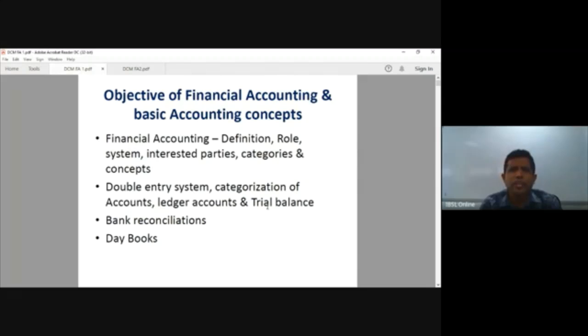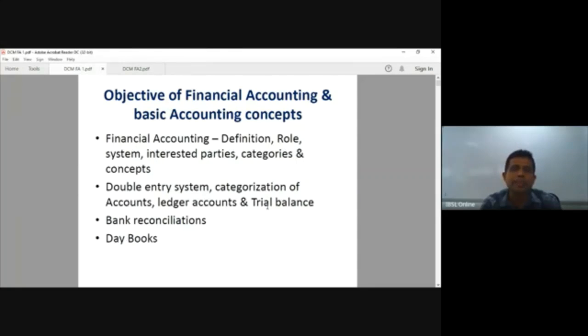Now, coming back to the session, that's why I am starting from the zero level, assuming that you don't have any accounting knowledge. By spending this first session on the basic concepts of accounting, it will help you to analyze the financial statements of a given entity.